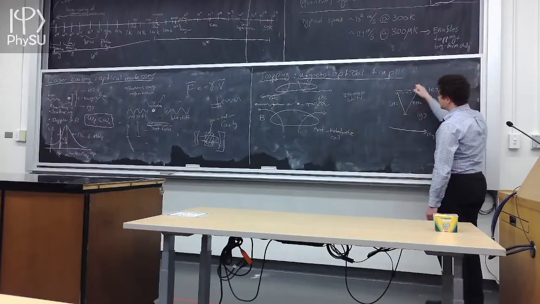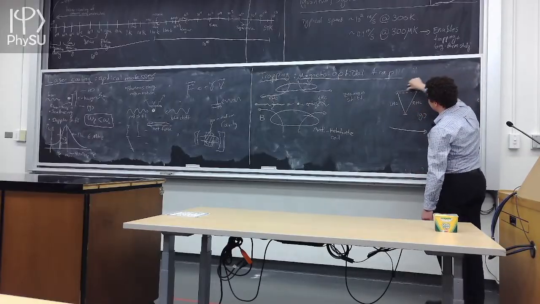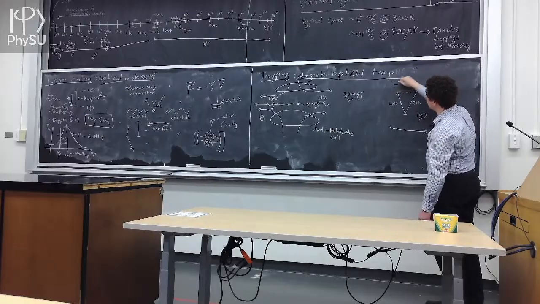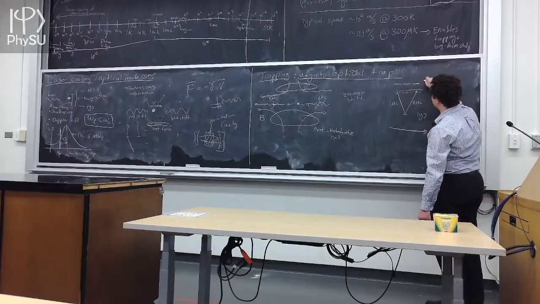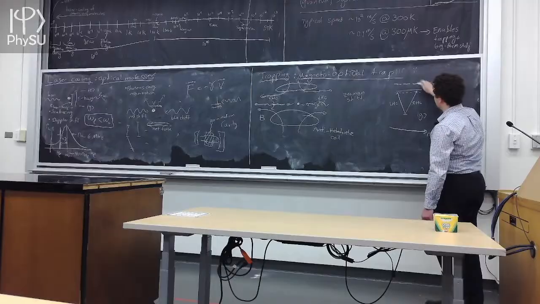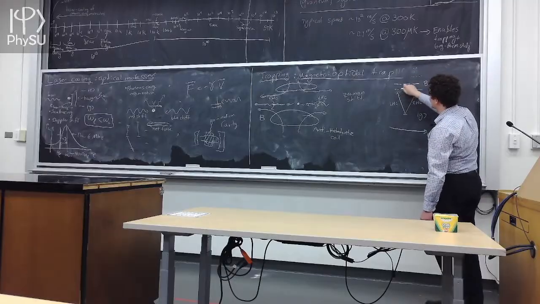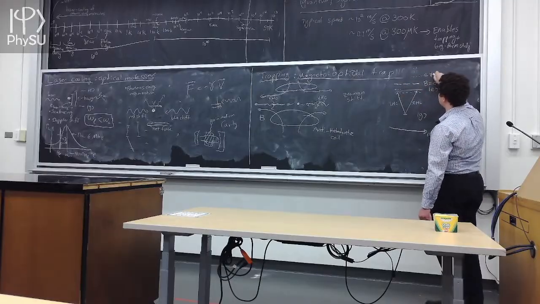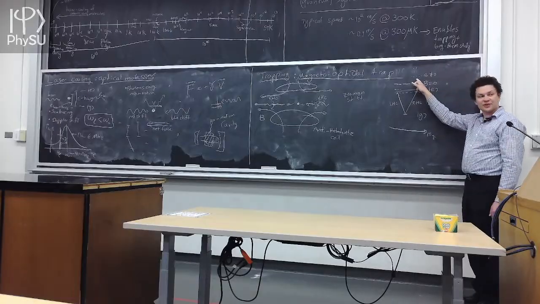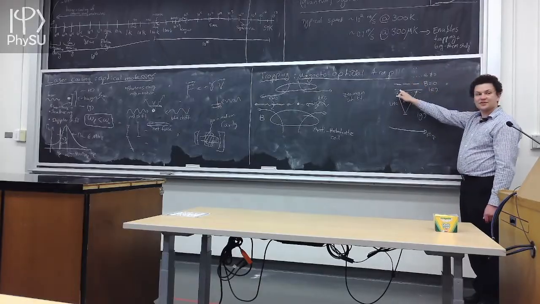Let me just draw it in a slightly more exaggerated way, that's easier to see. So this is 0 magnetic field. And if you have some non-zero magnetic field, we'll get something like this, where the energy of this state is shifted up, energy of that state is shifted down.